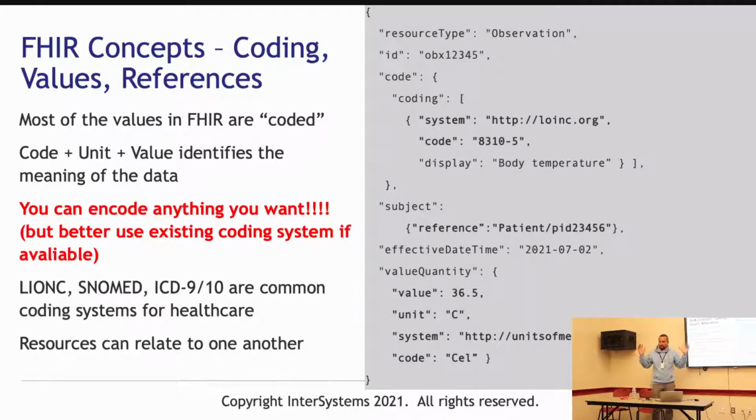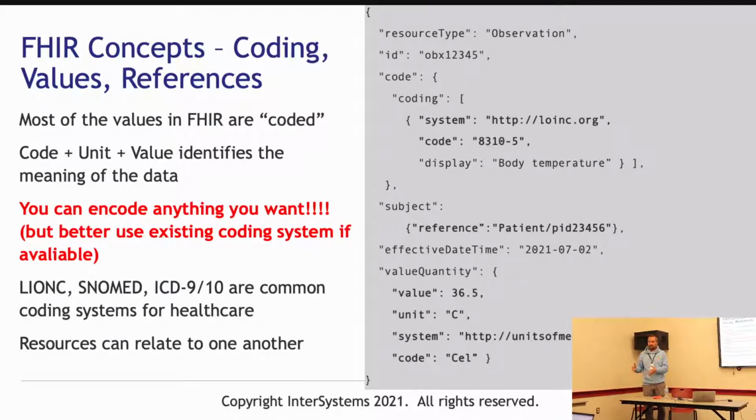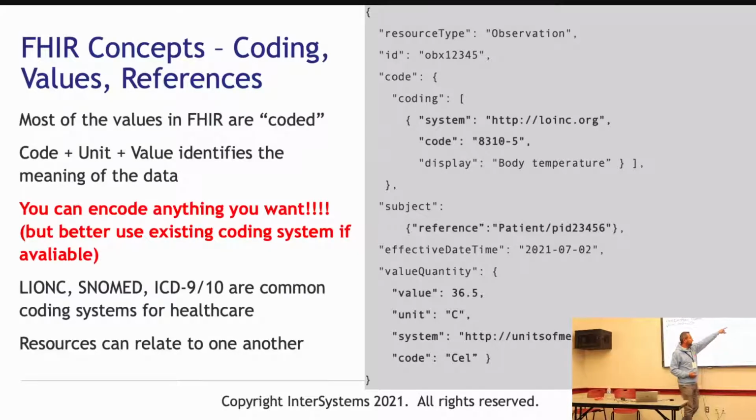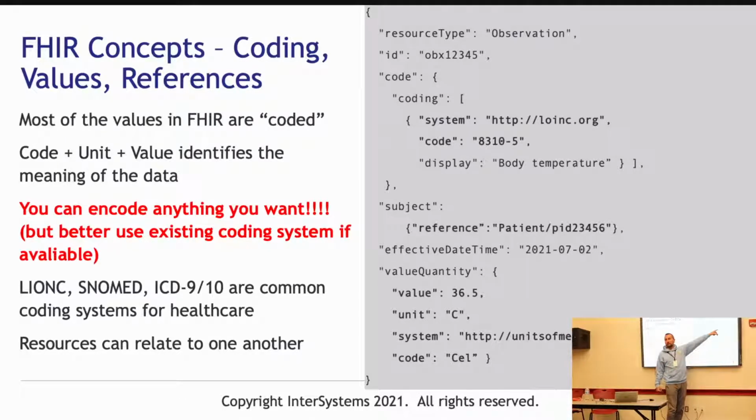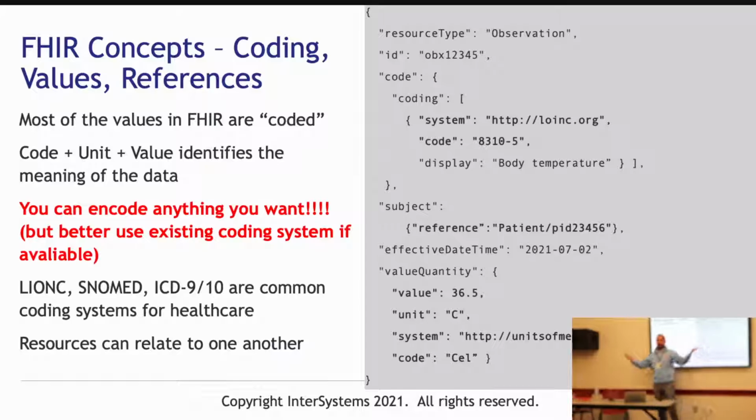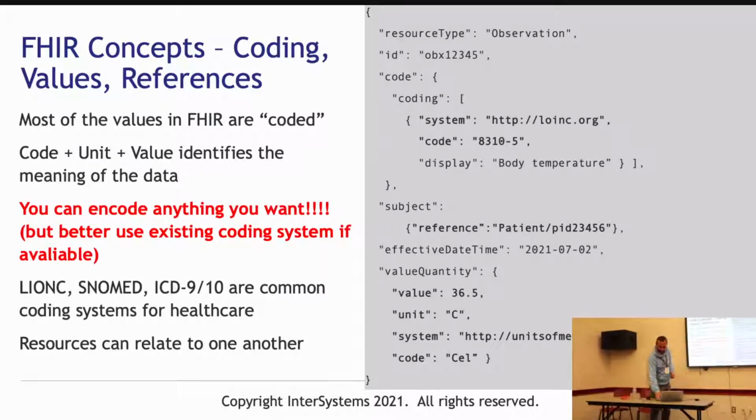Obviously the recommendation is to find existing coding systems that already have codes for certain things. But if there isn't one, you might start on your own and create your own coding system. In this case, it would be not loinc.org, but my own company and my own coding system. So you can encode everything. A couple of examples.